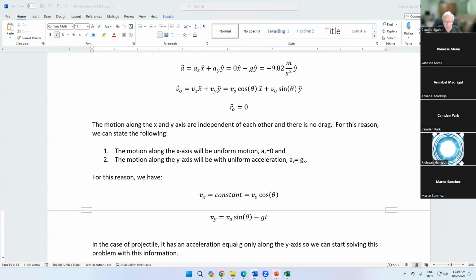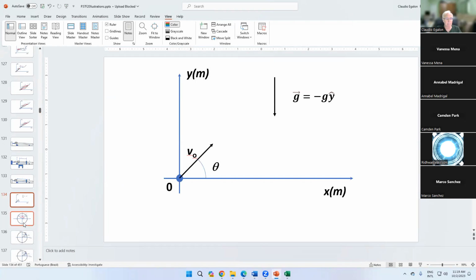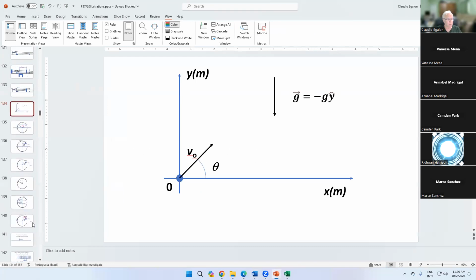Okay, so here you go. Let's look at this drawing here. In this drawing, the initial velocity can be broken down: it has an x component and a y component of the velocity. So it is as though it's being propelled upward. Not only is it being propelled in the horizontal direction, but it's also being propelled upwards, along those two directions.